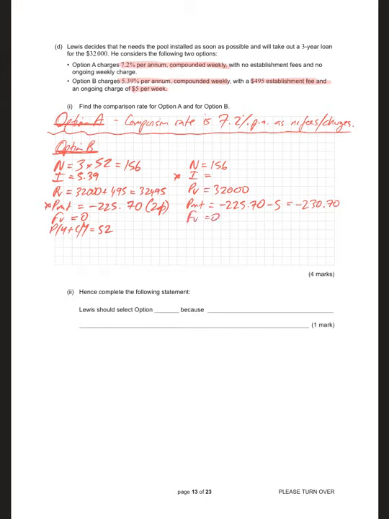FV is going to be 0, PY and CY are both 52. PV is 32,000, PMT negative 230.7. That comes to 7.94 to 2 decimal points.